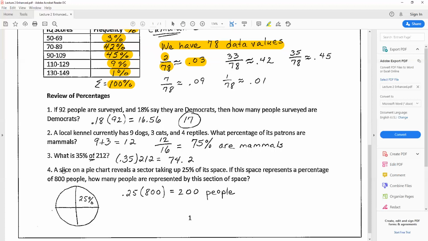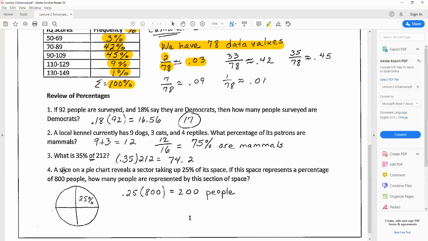So think back to what your elementary teacher told you. When you hear the word of in mathematics, what do you do? Do you add, subtract, multiply, or divide? Right, you multiply. So basically the question is this: 18% of 92 would be how many people, right?